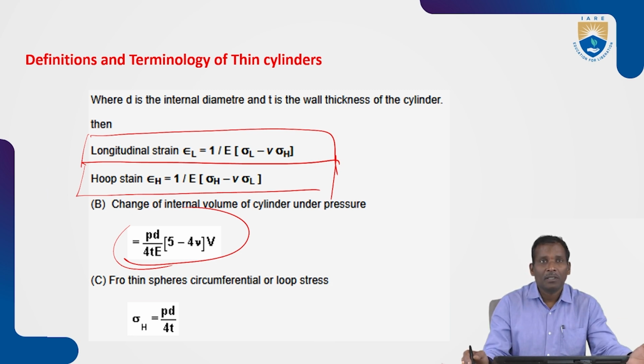So from the thin cylinder, the circumferential or hoop stress is PD by 2T.